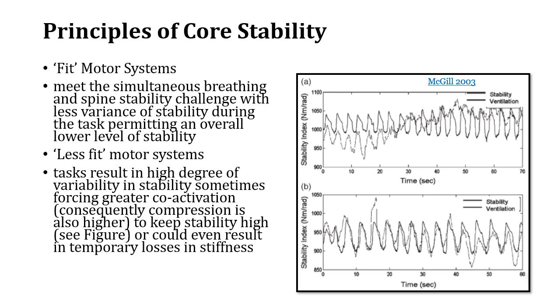Whereas the less fit motor system results in high degrees of variability in stability, sometimes forcing greater coactivation, and consequently compression is exceedingly elevated as compared to your healthy spine or your healthy fit motor system.